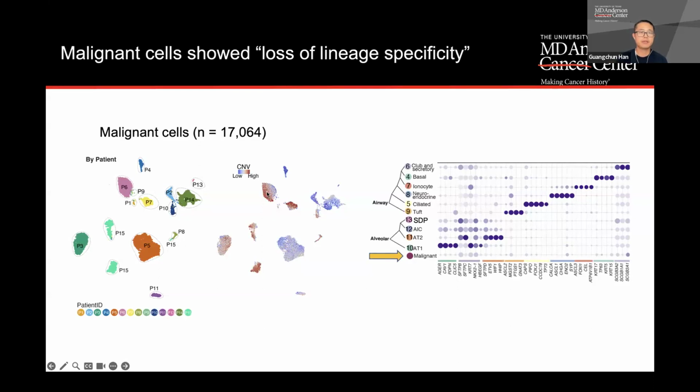And then if we look at the per sample cluster, you'll find a clear gradient pattern from right to left, indicating the copy number alteration level also shows intratumoral heterogeneity.